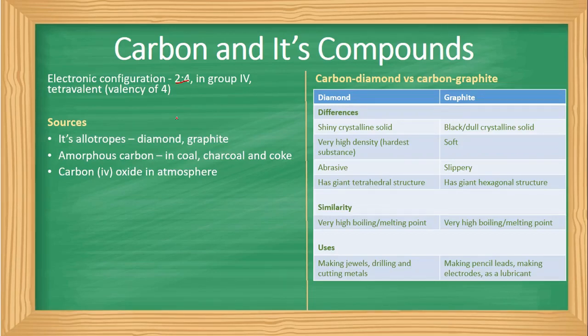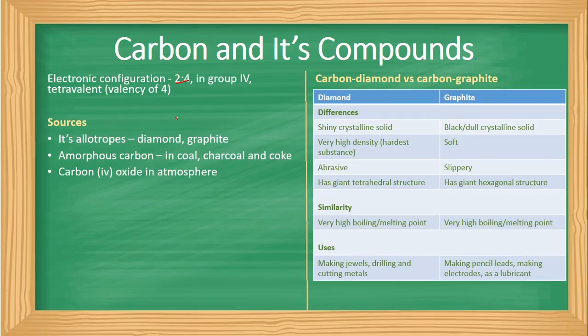In terms of structures, diamond has a strong giant tetrahedral structure. That's why it is one of the hardest substances, while graphite has a giant hexagonal structure. Remember, from the topic of structure and bonding, graphite has a layered hexagonal structure, where the layers are joined together not with a very strong bond, and that's why it is slippery.